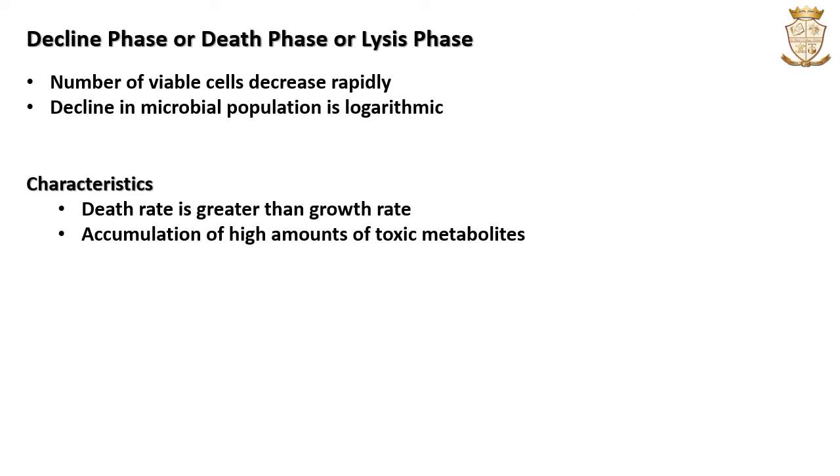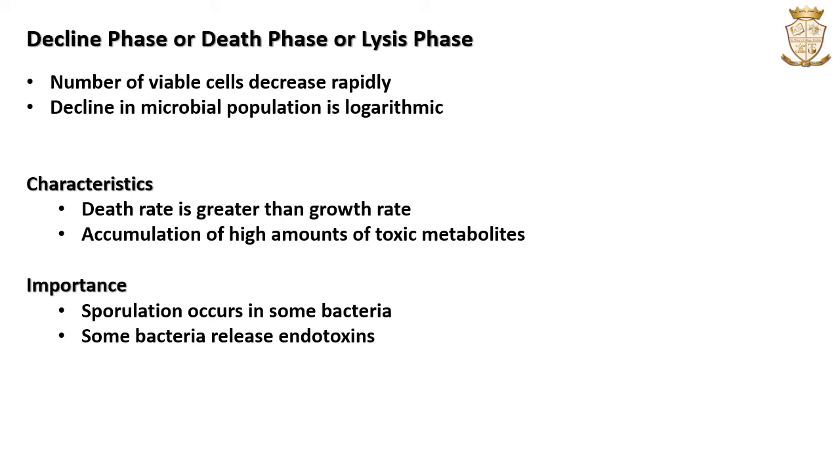During the stationary phase itself, there was accumulation of toxic metabolites, the metabolites produced during the normal metabolism of bacteria. Such toxic metabolites will accumulate in higher and higher levels during the decline phase. And several sporulating bacteria will produce their endospores during the decline phase, and some bacteria start to produce and release their endotoxins during the decline phase.